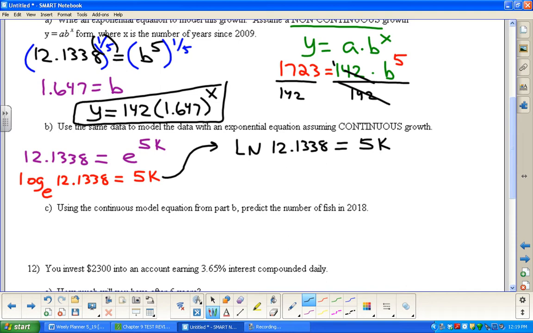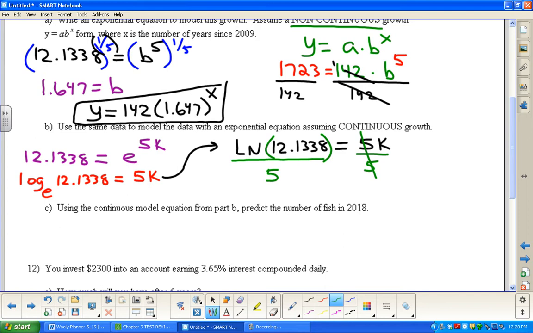So if we want to solve that for k, we can just divide both sides by 5. Make sure that's in parentheses. So this will get us k. I'm going to do the natural log of 12.1338. Close that parenthesis. I know I say that every time. Make sure you do. And then divide by 5.